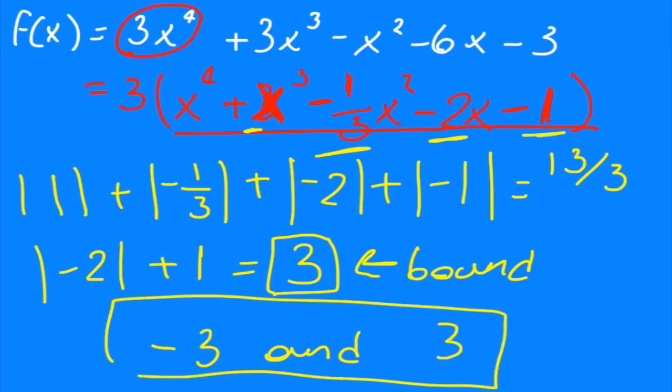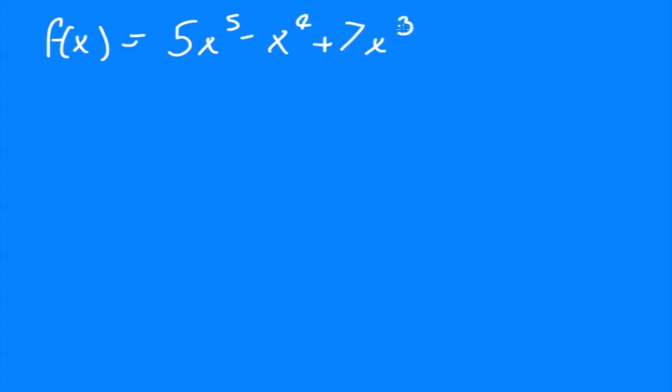Okay? Let's do one last one. Don't go away. f of x equals 5x to the 5th minus x to the 4th plus 7x cubed minus 9x squared plus x minus 1.